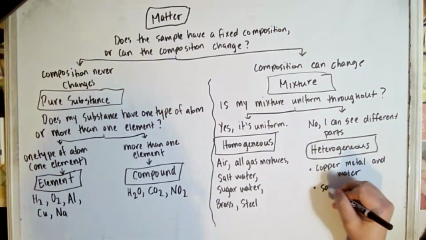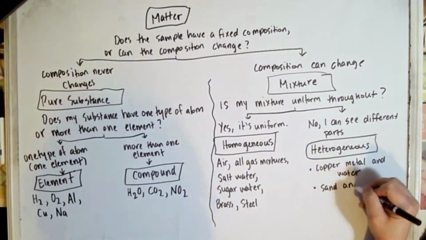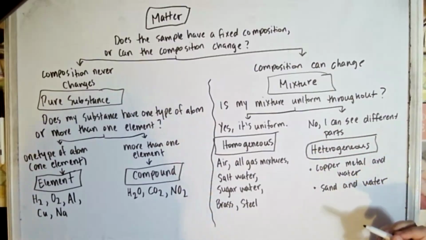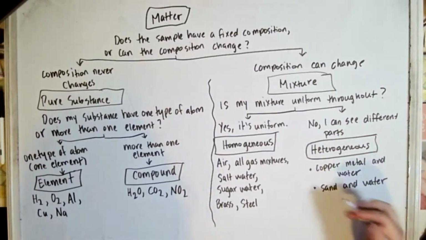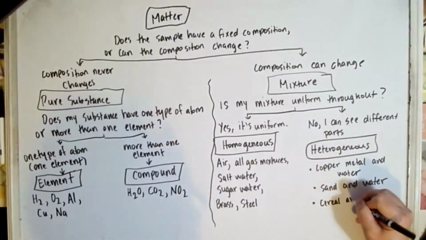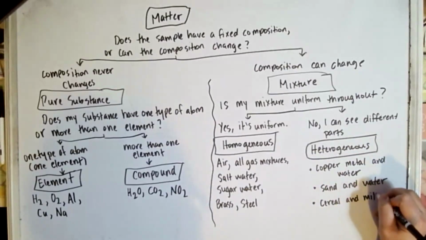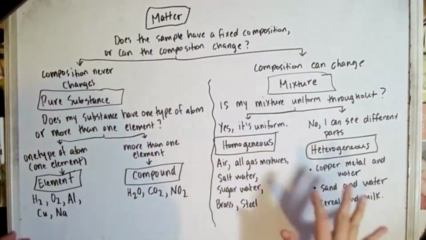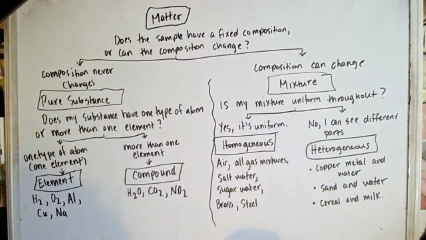If you had like sand and water, right? You couldn't dissolve sand in the water, it would just sit there in the water. Cereal and milk. I like that one. All right. So I would say that if you can recreate this flow chart for yourself, then you'd have a really good resource to be able to answer questions like this when you're looking at your exam.